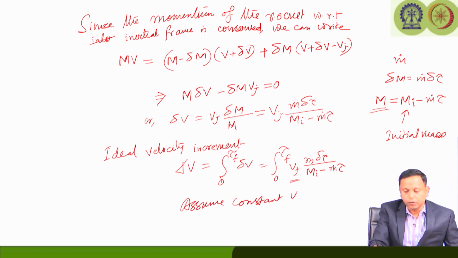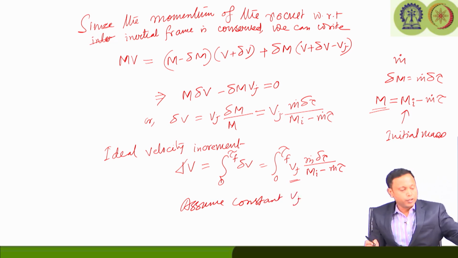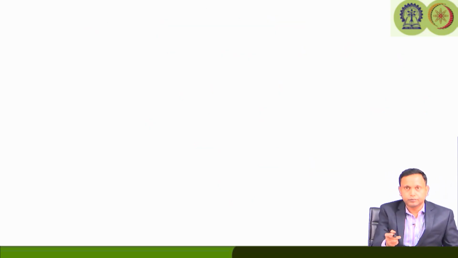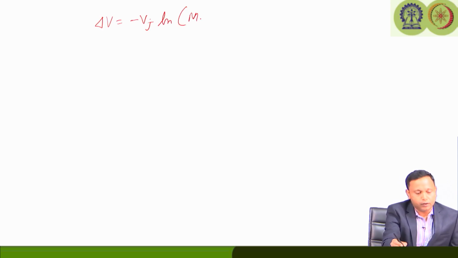if we assume constant vj, we can take the vj outside of the integration and we can write that delta v will become minus vj ln of mi minus m dot tau, for the time instance 0 to tau f.